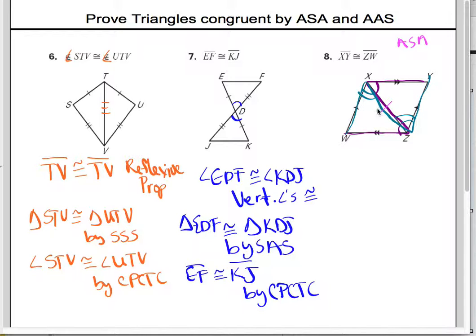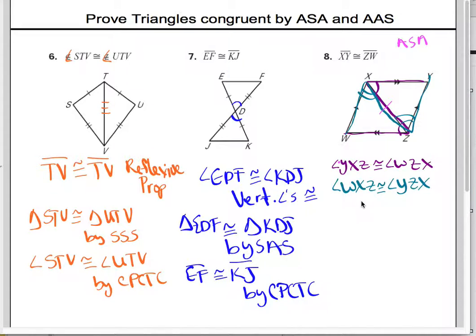But I have to list off all the stuff that I just marked here. So I'm going to start by naming the angles. Angle YXZ is congruent to angle WZX. And I'm going to list both of these because the reason is the same. WXZ congruent to angle YZX.